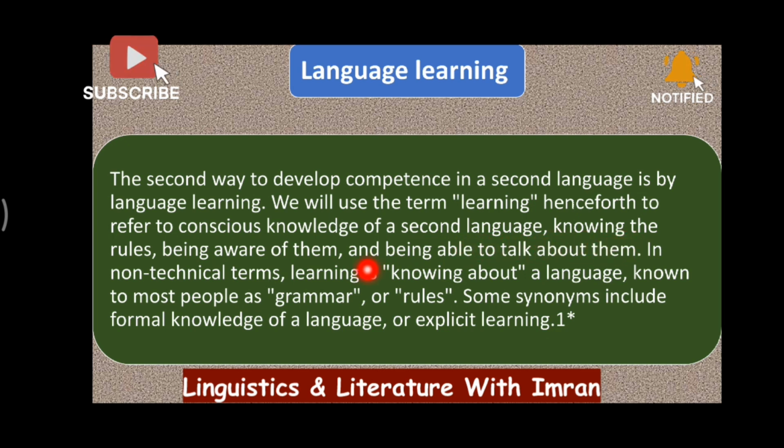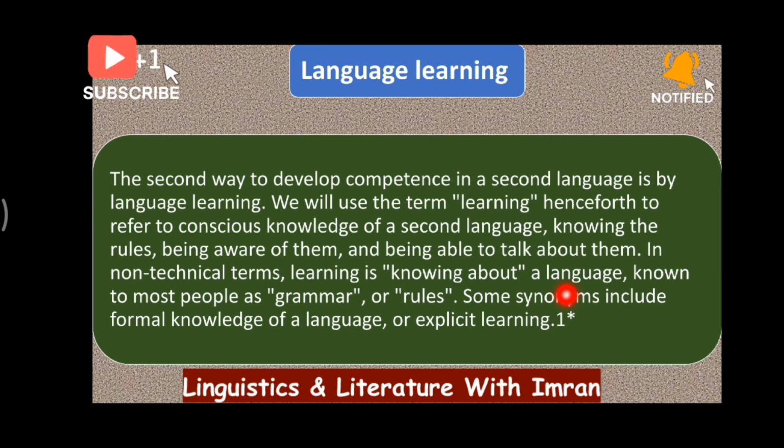So knowing the rules, being aware of them, and being able to talk about them. In non-technical terms, learning is knowing about a language. Acquisition is not knowing about a language, but you have competence, right? So when you say you know about a language, it means that you know the rules of a language.